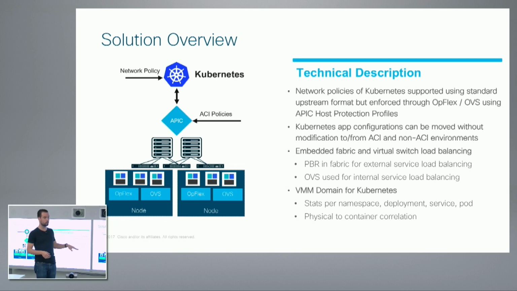In ACI, we made it completely transparent. We're going to see it in the demo, it's going to be well illustrated. The moment you create a set of replicated containers that are exposed externally to be accessible from the internet, ACI takes that. We create the policy-based redirect.